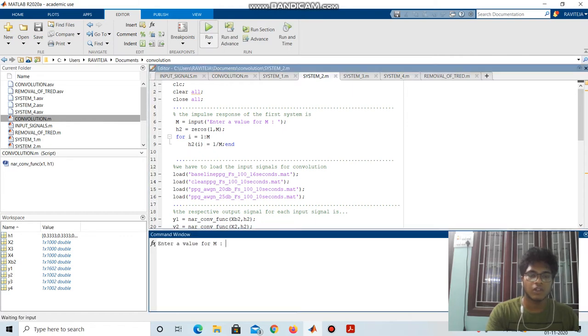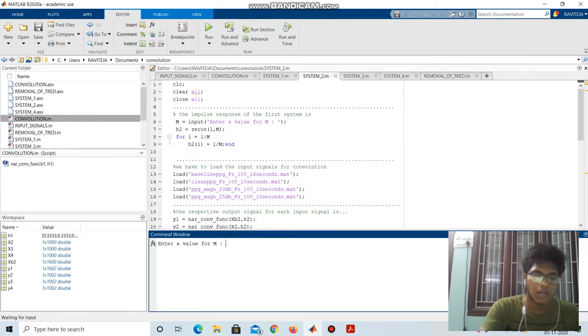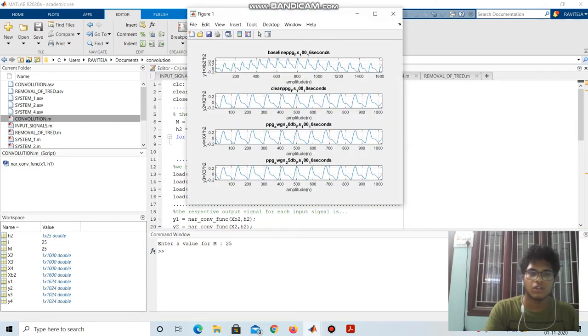If we run the program, it will ask us the value of m so that it will perform convolution. Okay, for m equal to 25, for example, after the performance of convolution, the output signals look as follows.